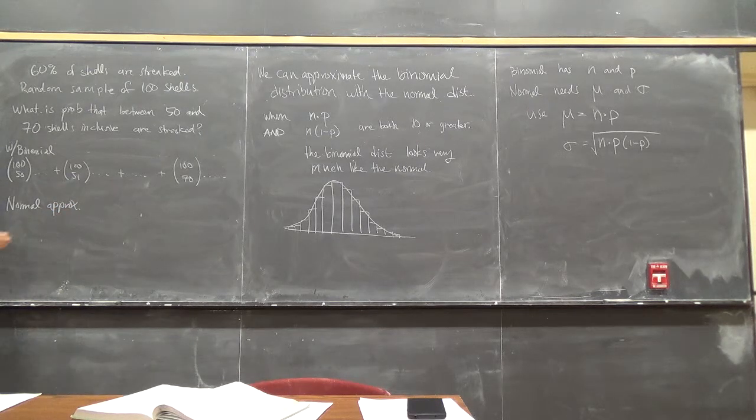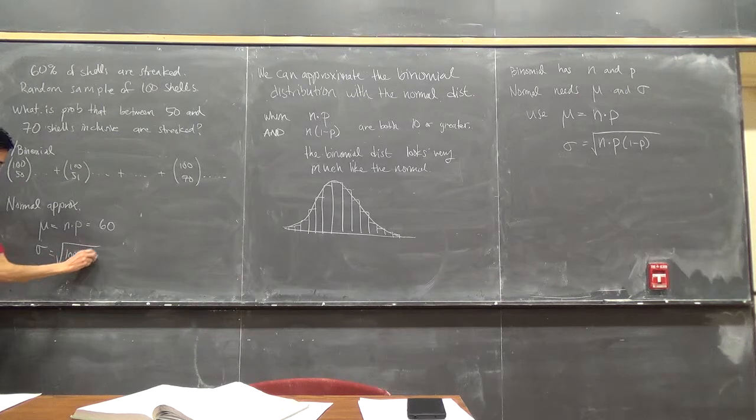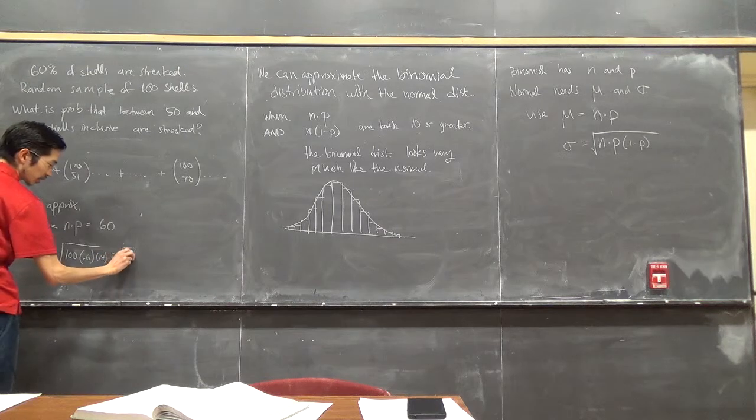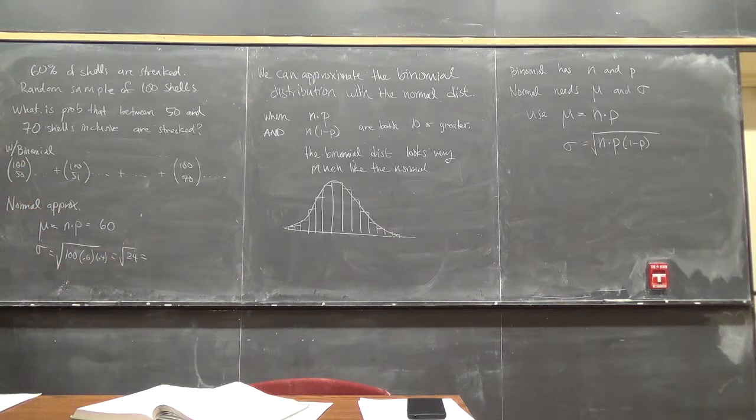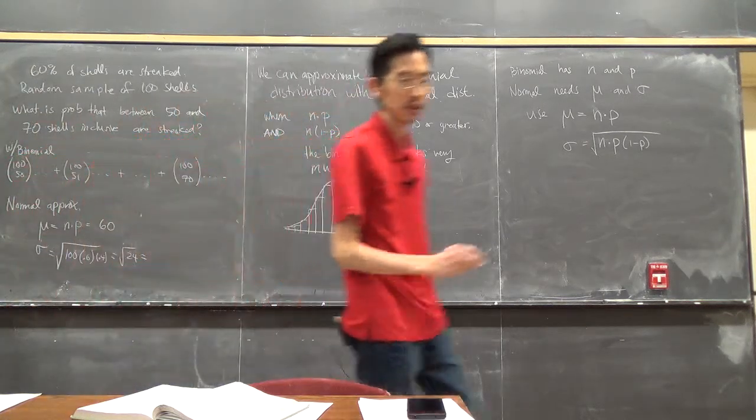Okay? We're going to say the mean is equal to n times p. So that is 100 times 0.6, which is 60. And the standard deviation is going to be the square root of n times p times 1 minus p. 100 times 0.6 times 0.4, I get the square root of 24, which is very close to 5, but not exactly.